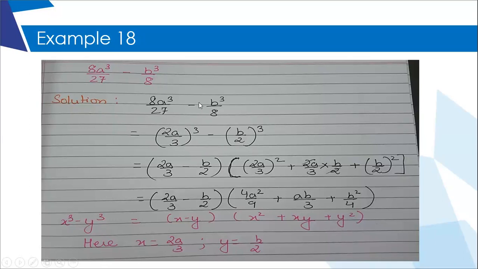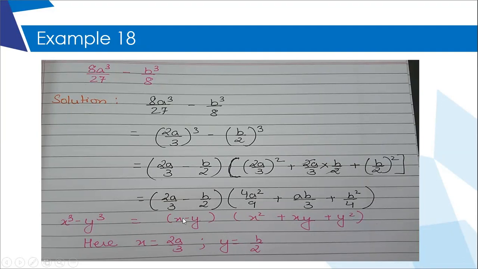Because I see a minus sign in the center. So again, you first write the identity: x cube minus y cube is (x minus y)(x square plus xy plus y square). There is a negative sign, so in the first bracket the negative sign is preferred. In the second bracket, the xy term becomes positive. No changes in the x square and y square terms in both identities.